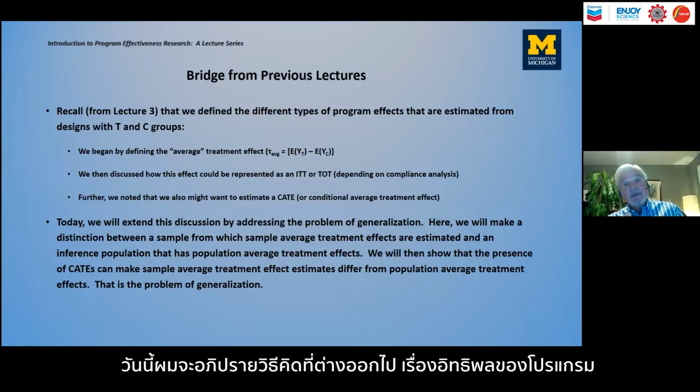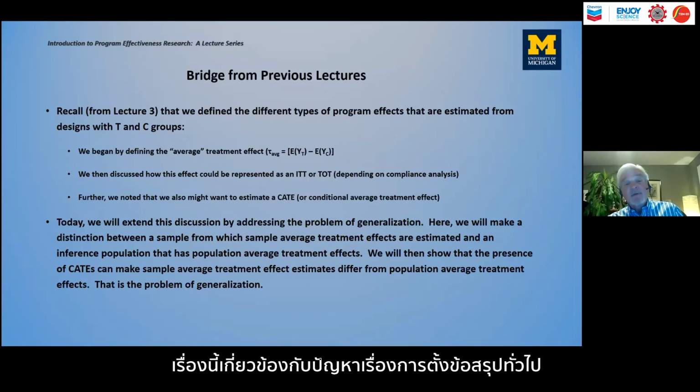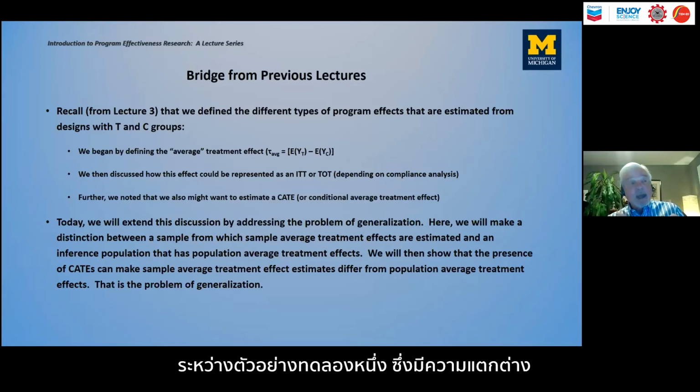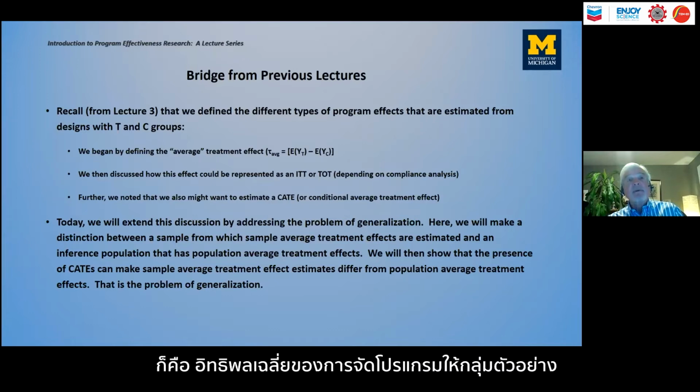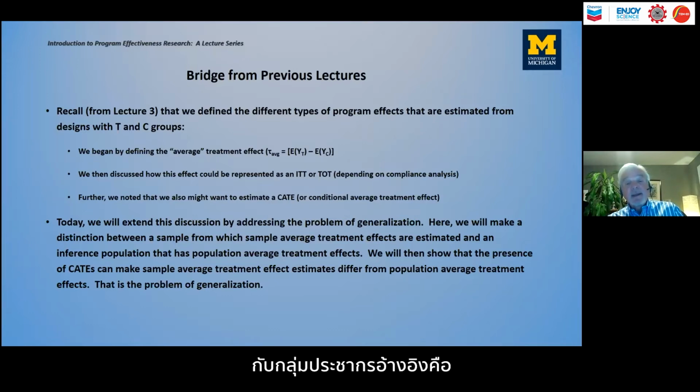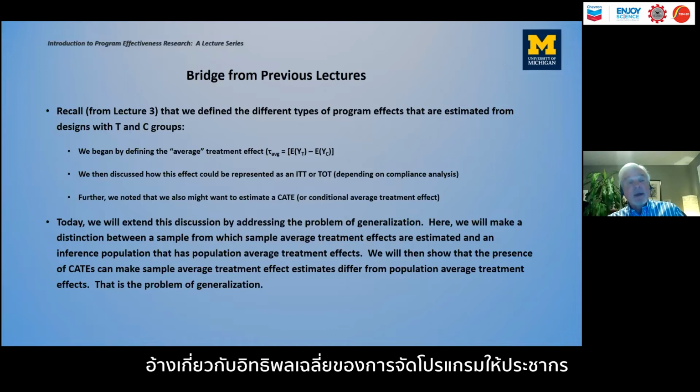Today, I'm going to discuss a different way of thinking about treatment effects that's related to the problem of generalization. So here, I'm going to make a distinction between a sample from which one derives a sample average treatment effect, and then an inference population, that is the population to which we want to make an inference about a population average treatment effect.